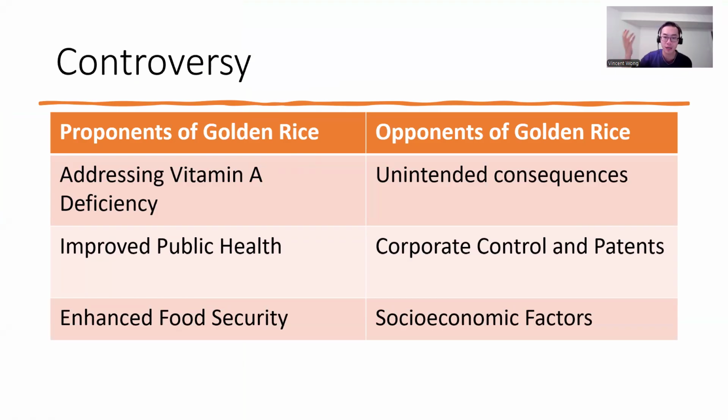So if they have the golden rice, it will improve public health in that regard. And it also enhances food security because not only are you supplying the vitamin A, you're also supplying them with food, the rice itself. So these are arguments for the side that supports the use of golden rice.